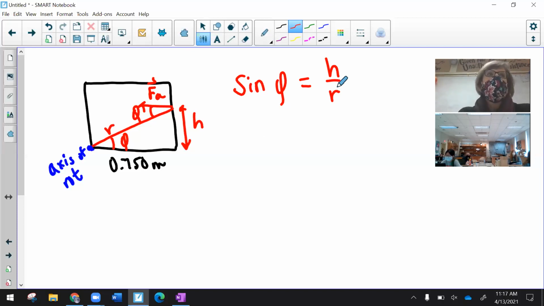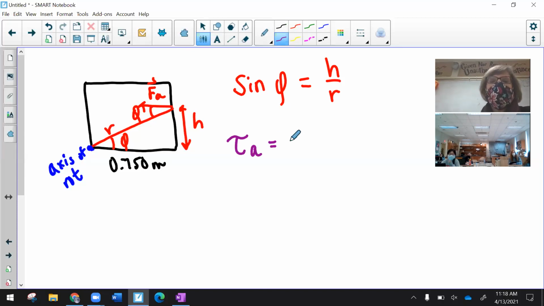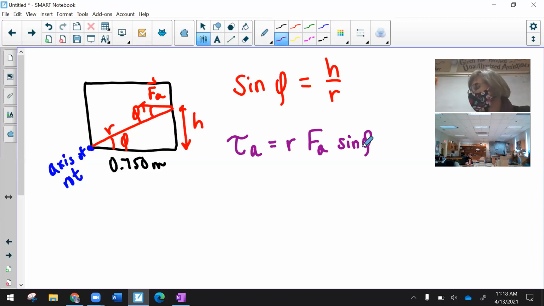I don't know what r is. Can I find out r in terms of h and the side of the crate? Right? r is the hypotenuse of my triangle. Or I can remember that tau A is going to be r F_A sine phi. Right?